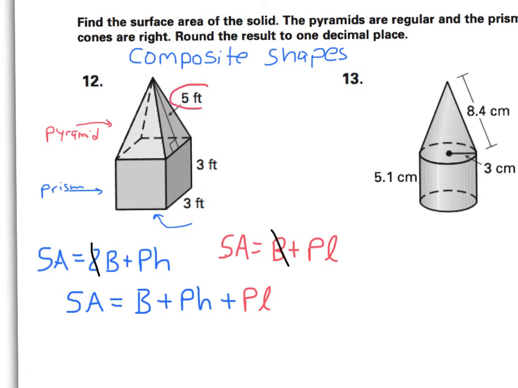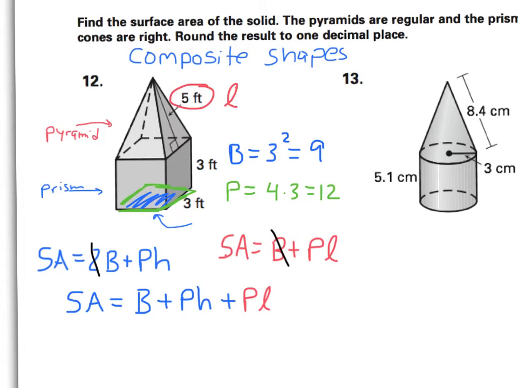My slant height is a 5, so there's L. The base of my cube is down here, and so I can calculate what B is real quick. B is going to be 3 times 3, so capital B is 9. My perimeter is going to be fairly straightforward because it's the distance around the base here, so 4 times 3, which is 12. And the height of the cube is going to be 3.